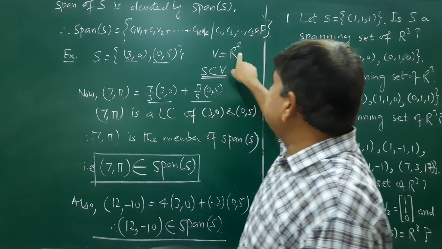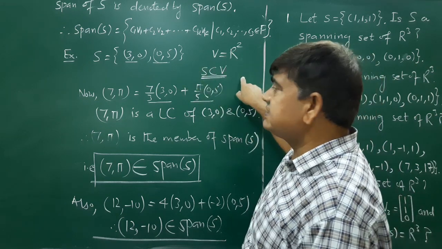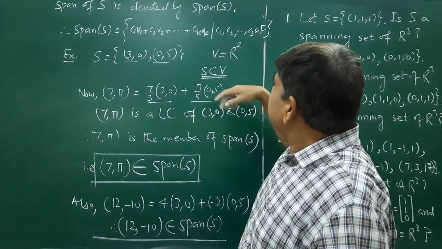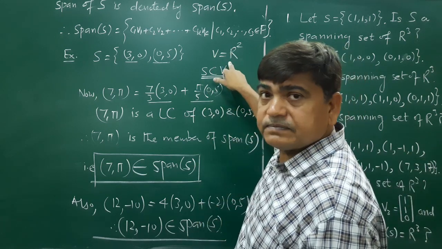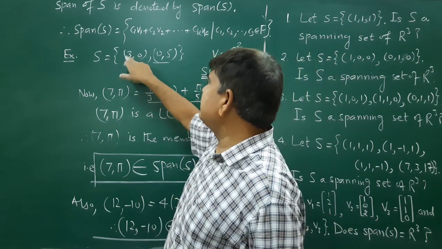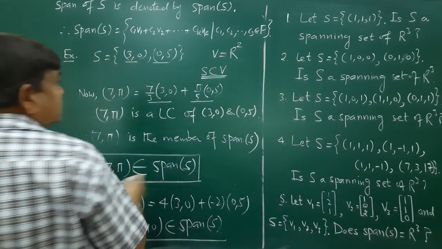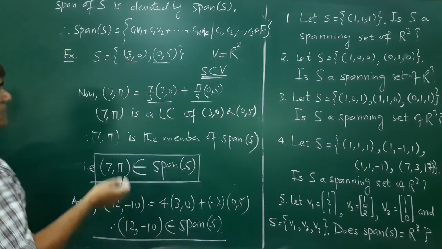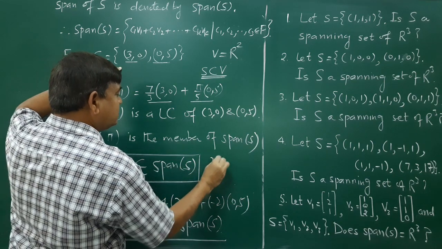And this is a subset of R square, two dimensional. Now there are infinite number of members of V. You remember 3 comma 0 itself can be written as a linear combination of these two.